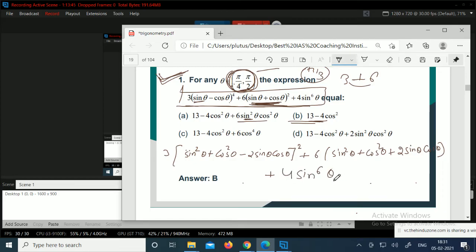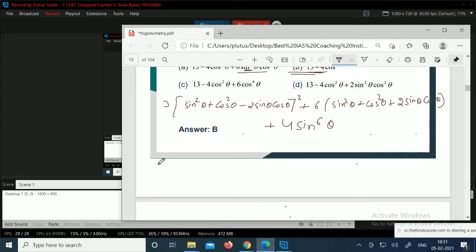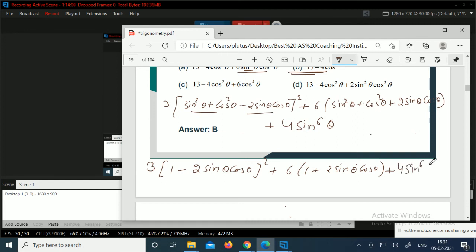Now if I simplify this expression, this is 3 and this is 1 minus 2 sine theta cos theta whole square, and this is 6 into 1 plus 2 sine theta cos theta, and this is 4 sine 6 theta.